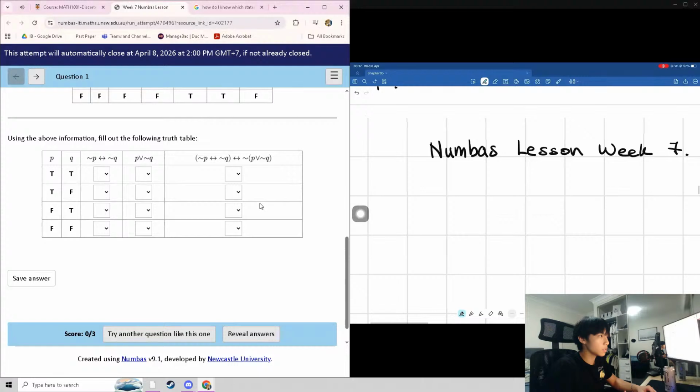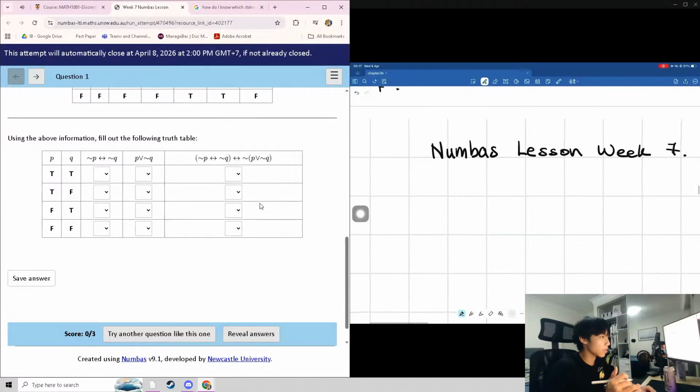There's something I do need to. Oh, yeah, I do know. If I'm given A and B, A double implication B, then it's A implies B and B implies A. That's one law.